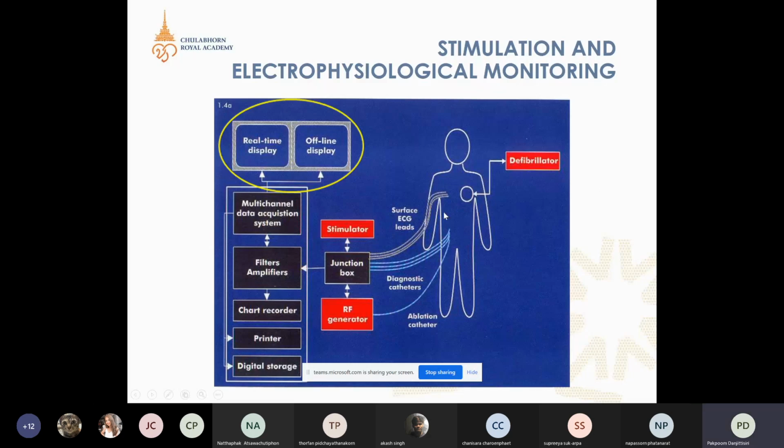Apart from that, you need to place a ground patch that is often placed at the height of the patient over here, and then the ground patch will be connected to the ablation system that I'm going to show you later again.